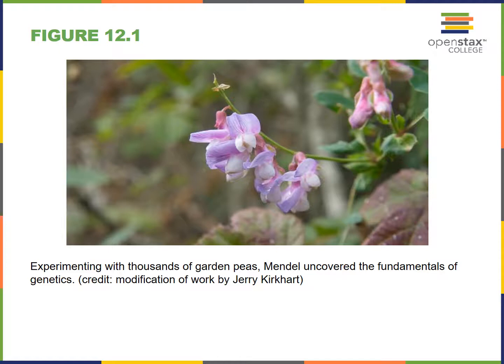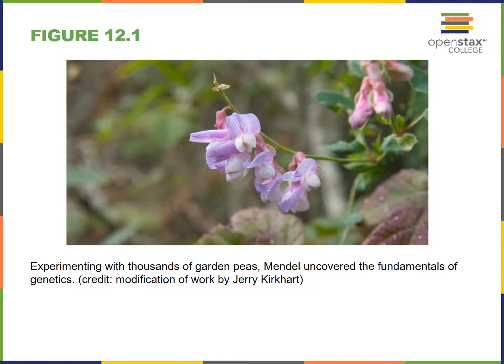He could also control fertilization by snipping off the male parts and painting pollen onto the female part. In this way, he could control which plants were crossed with which. So which was the father and which was the mother, essentially.